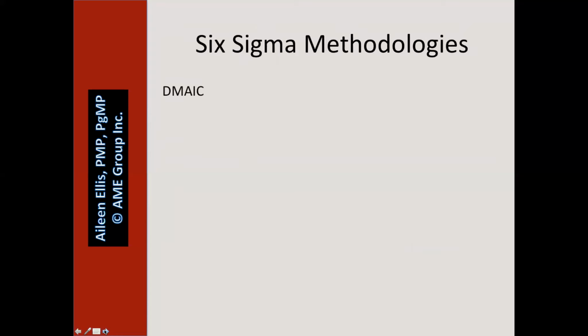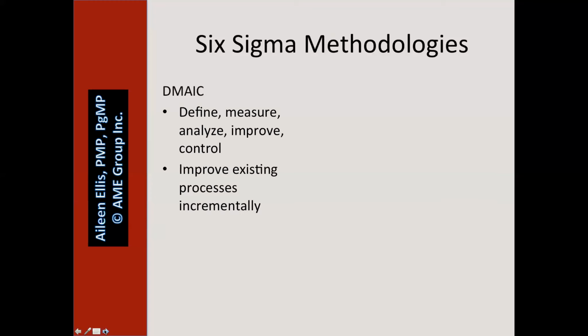Let's take this a little further. There's two, I'll call them sub-methodologies we'll talk about right now of Six Sigma. DMAIC, define, measure, analyze, improve, control. I think of this as improving an existing process. This is reactive. We focus on just a few CTQs, usually a shorter type idea.